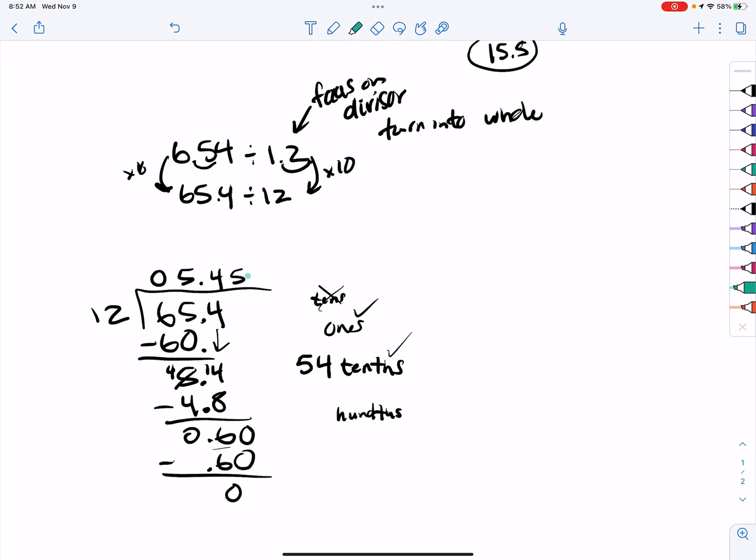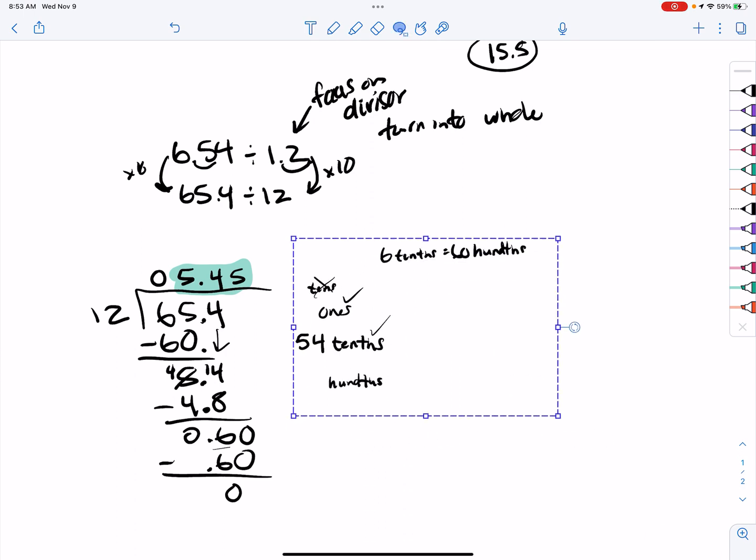So you can see that by using our knowledge of place value and coming up with equivalent decimals, knowing that 6 tenths equals 60 hundredths, it's a way of thinking about these values in a way that's easier to divide. Because 6 tenths divided by 12 is a little bit more difficult than 60 divided by 12.